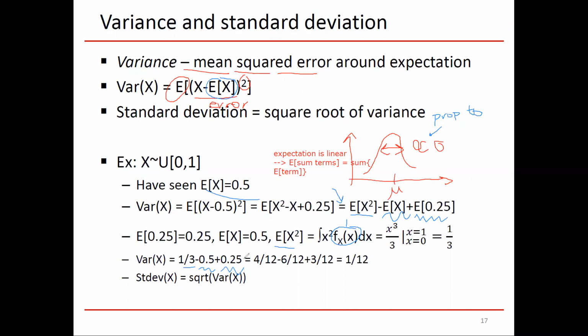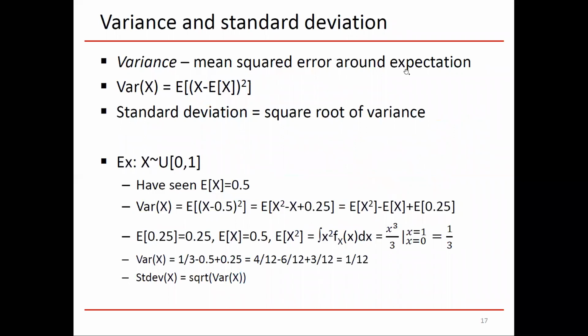They can be expressed as different integers divided by 12. A third is 4 divided by 12. Subtracting half, we're subtracting 6 divided by 12. And adding a quarter is adding 3 divided by 12. 4 minus 6 plus 3 is 1 divided by 12. That's the variance. And the standard deviation is the square root of the variance. So that's it, and we'll continue next time.